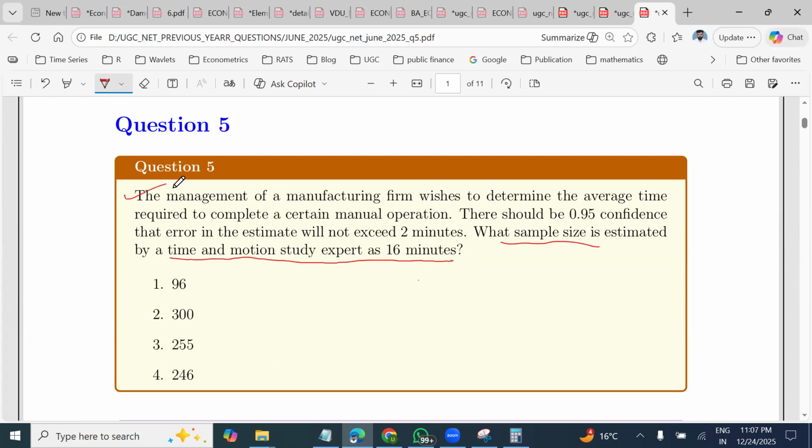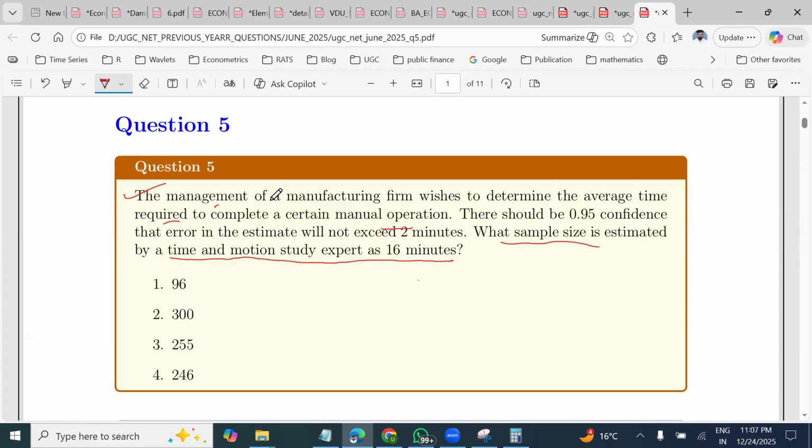Because what it is saying, the management of a manufacturing firm wishes to determine the average time required to complete certain manual operation. This sentence is clear, right? So they need an average time for completing certain tasks. That is the question. But now that average time, how will they calculate?